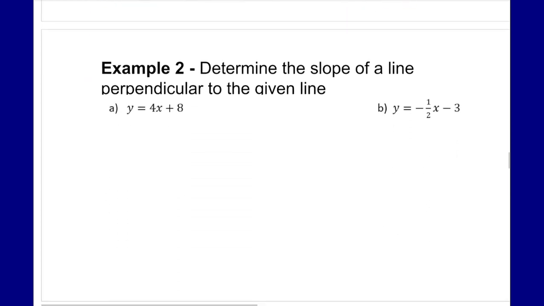Next example, determine the slope of a line perpendicular to the given line. Again, y equals mx plus b. Let's look at the multiplier. In this case, it is 4. If we want it perpendicular, our slope has to be the negative reciprocal.